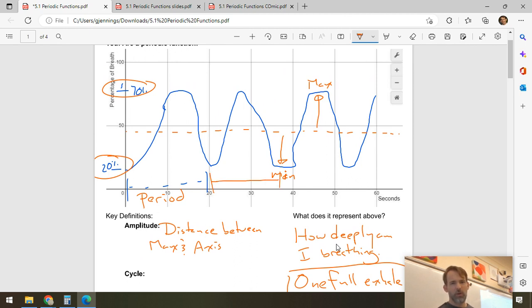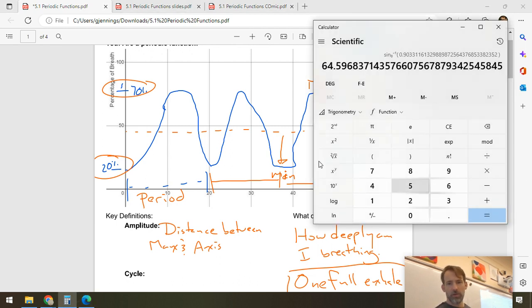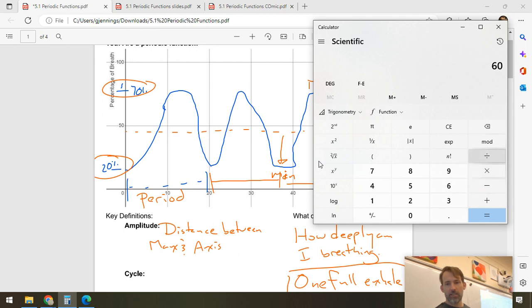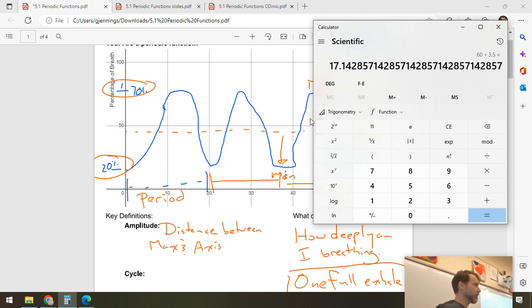This next one, I would probably take the average of these 3 breaths here, because I had like 3.5 breaths over 60 seconds. So let's calculate that. What's my period length? I had 60 seconds, and I divide that by 3.5 breaths. So I'm taking a breath about every 17 seconds. That's for me.